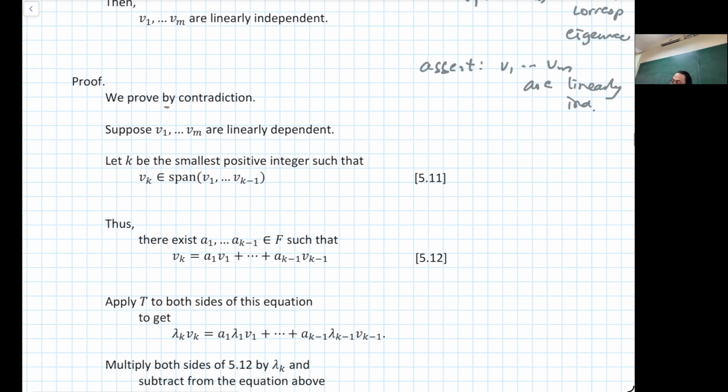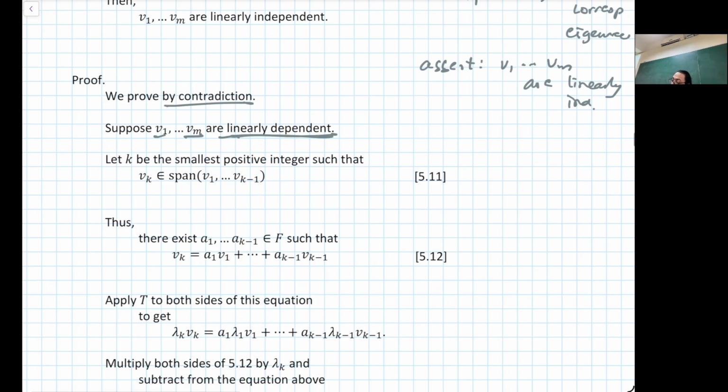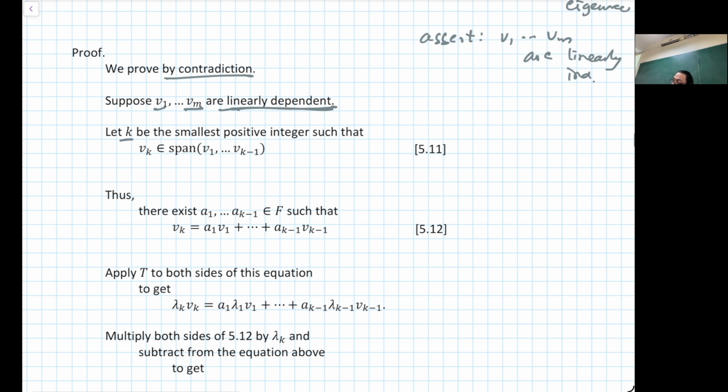We're going to prove by contradiction. So suppose that v1 to vm are linearly dependent. We want to prove that they're independent, so let us assume for contradiction that they are linearly dependent. Let k be the smallest positive integer such that vk is in the span of v1 to v(k-1). Since it is linearly dependent, this has to happen at some point: you have to be able to write one of the vectors as a linear combination of the previous ones.